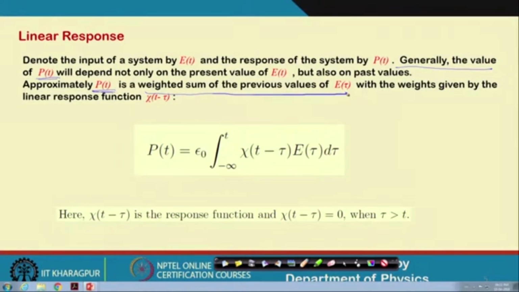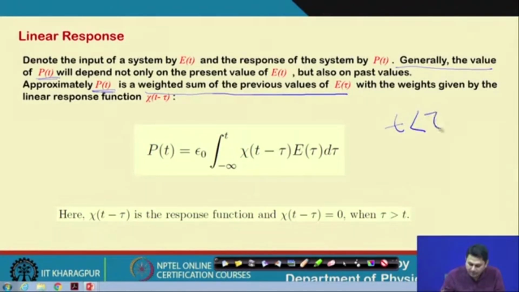So, all the previous values, tau less than t, where t is the present time and tau is a time before t. Throughout the time span from tau to t, whatever electric field is there, there will be a sum of all the electric field to get my final polarization at time t.